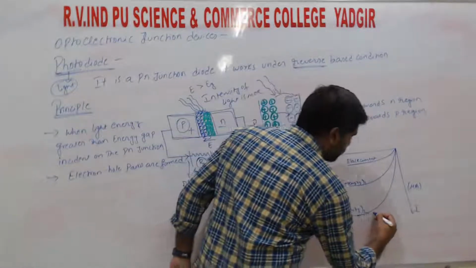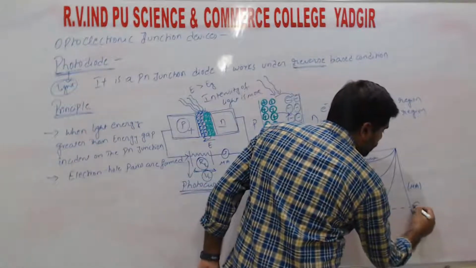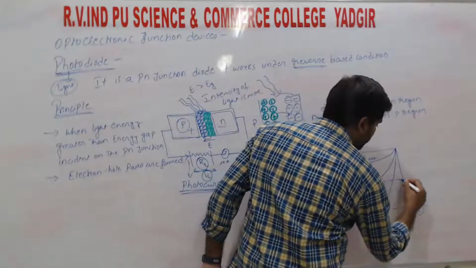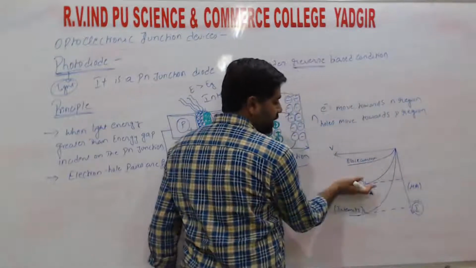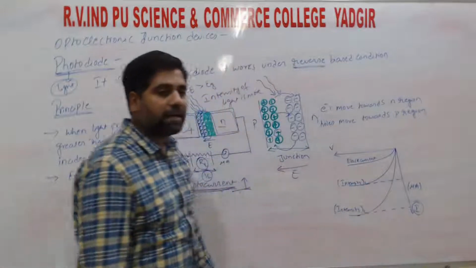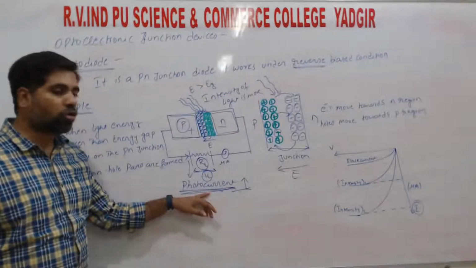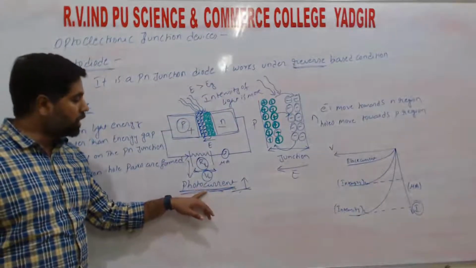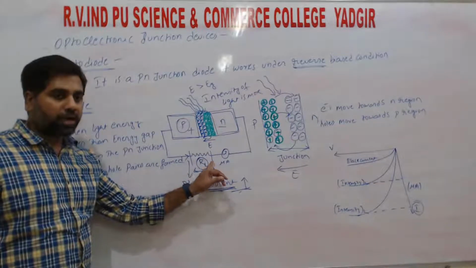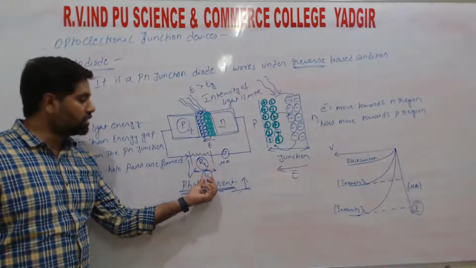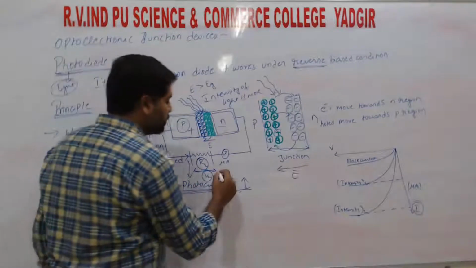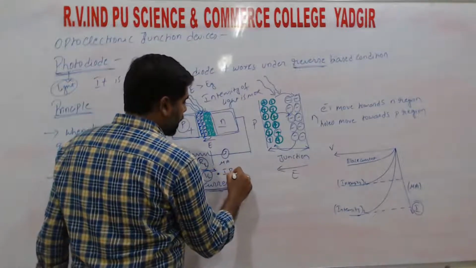If you observe here, for the second intensity we have maximum current compared to the first intensity. If the intensity of the incident light is more, then automatically the photocurrent is more. And if the photocurrent is more, then the voltage we obtain across the load resistance will also be more. That means, as we know, V equals IR.